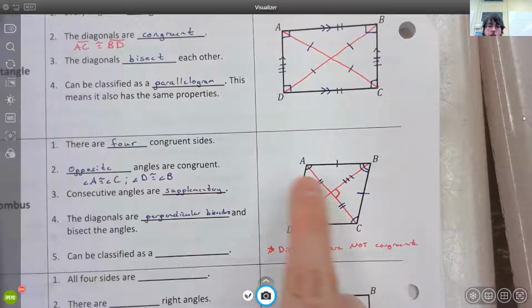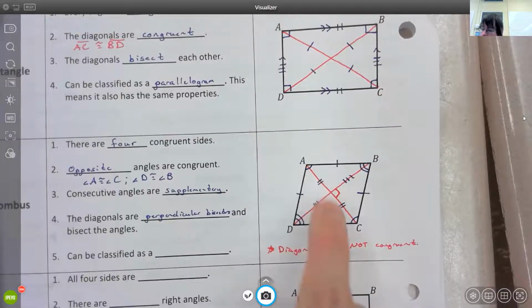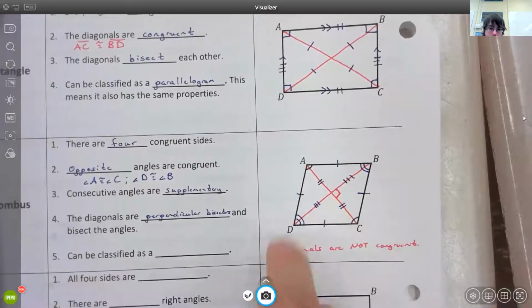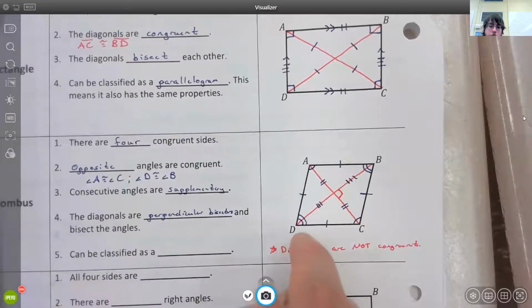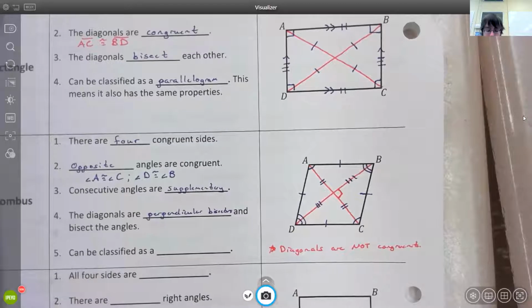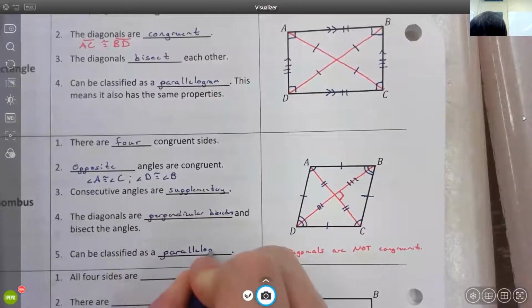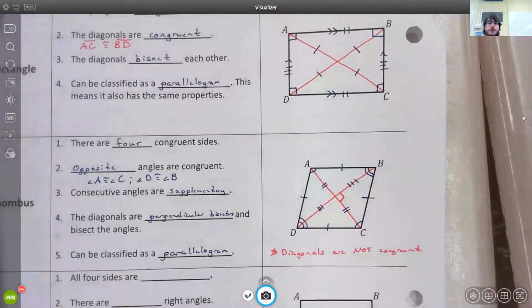So whatever those angles are on the left and right side of the diagonal, those are equal. That'll be important when we talk about that, but we'll get there. And just like the rectangle, it can also be classified as a parallelogram.